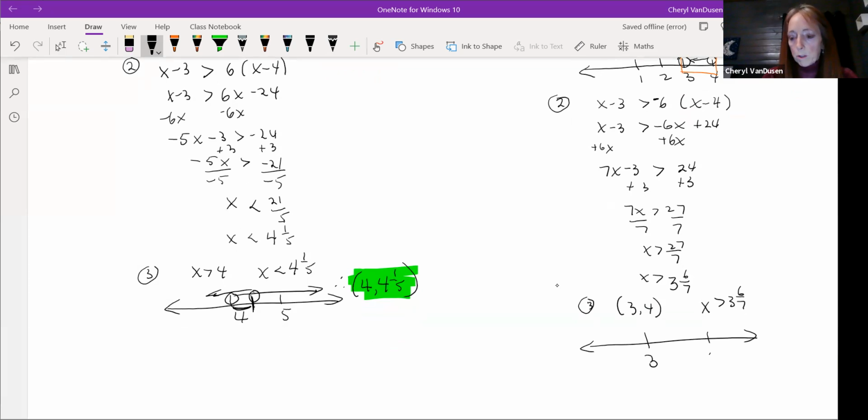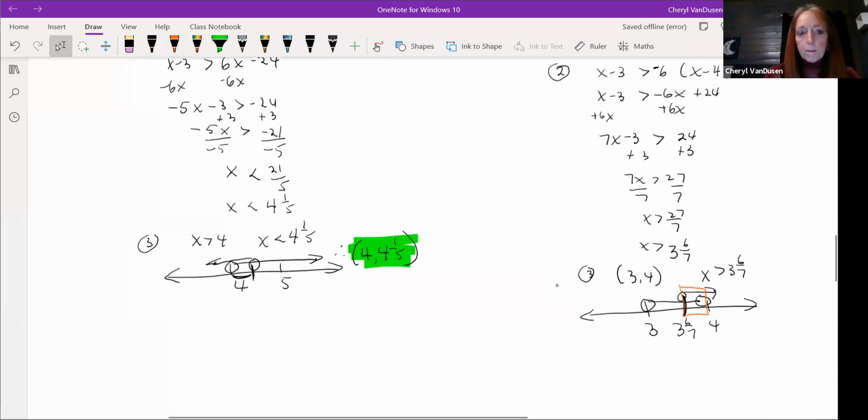This is 3, this is 4. So we have an open circle and an open circle. Now 3 6/7 is kind of here somewhere, and it's an open circle going that way. So the overlapping piece is here from 3 6/7 to 4. So therefore our final answer in here is 3 6/7 to 4.